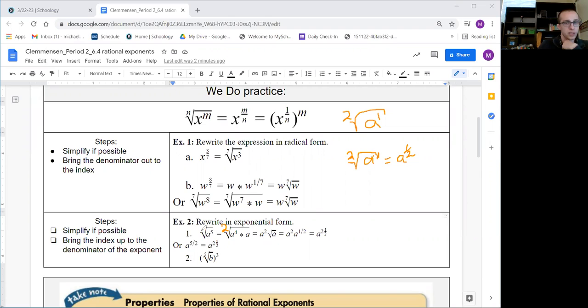And someone asked about the second way for this one. There's, again, that invisible 2 right here. We got to remember that. That seems to be something that a lot of you are forgetting. There's an invisible 2 whenever we don't see that number out front, whenever I don't see my index. So I move that to my denominator, just like so. And I get 5 over 2.